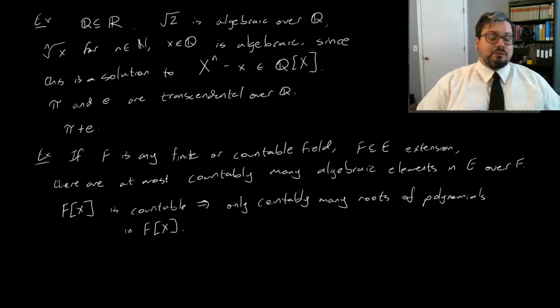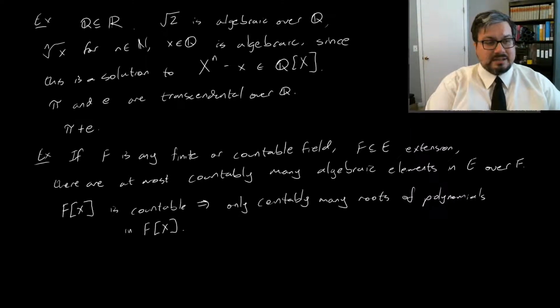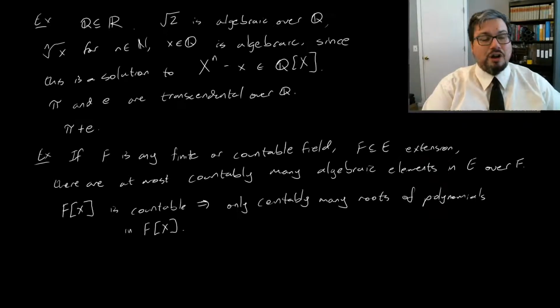And these roots of polynomials are precisely the algebraic elements over F. And so what this means is that, for instance, again, considering the extension Q contained in R, since R is uncountable and Q is countable, this means that there are only countably many algebraic elements over Q in the real numbers, and so almost all real numbers are transcendental over Q.